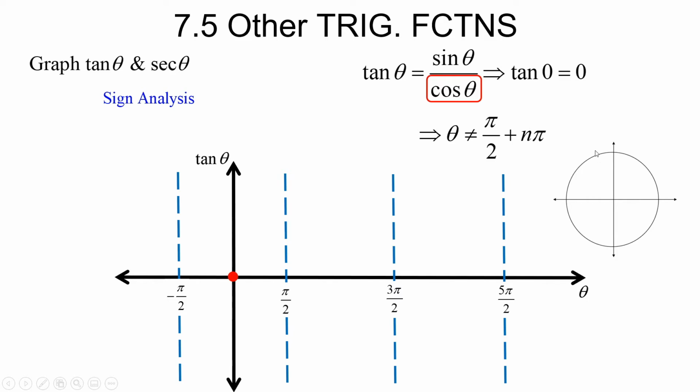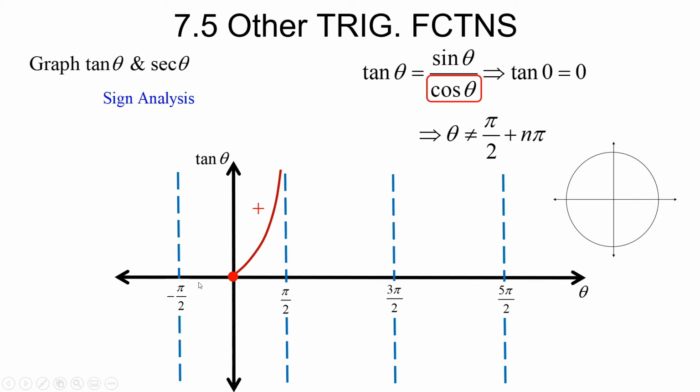And isn't cosine also positive in quadrant 1? So that's going to be a plus. And with this point and this vertical asymptote, this curve can only do one thing. It's going to approach the vertical asymptote, but never get there. It's just going to increase approaching infinity. So there you go.